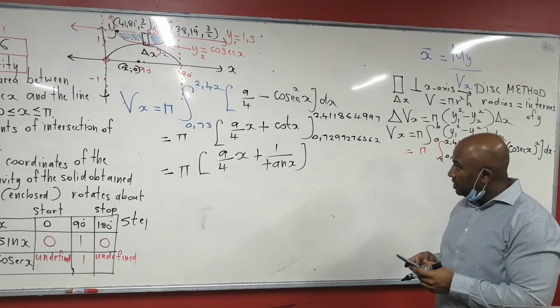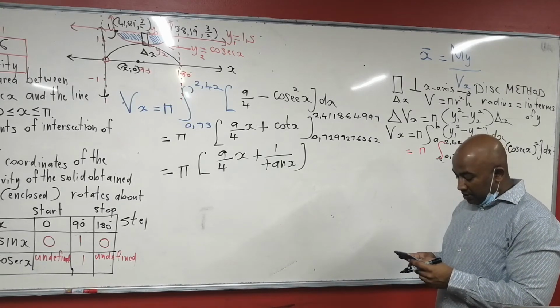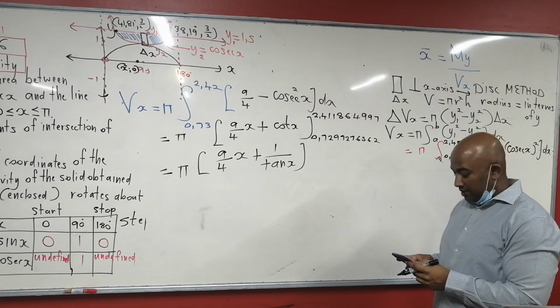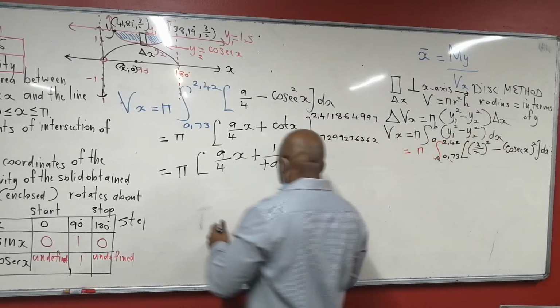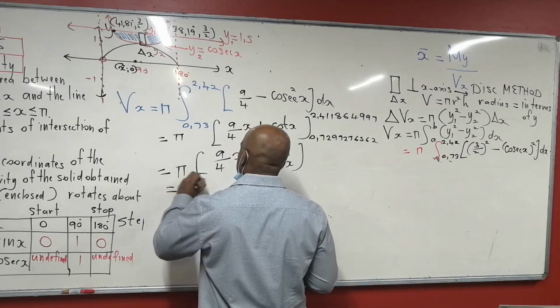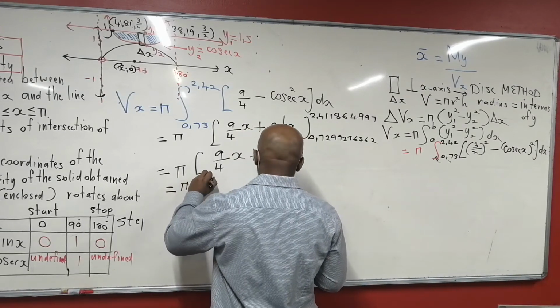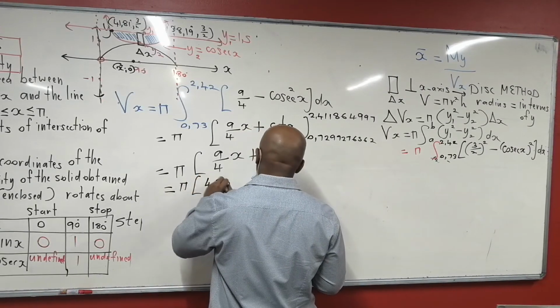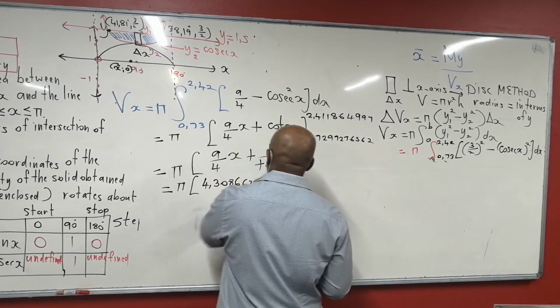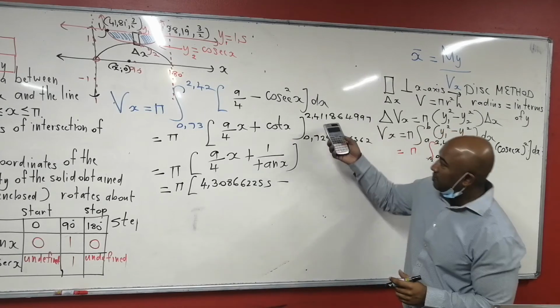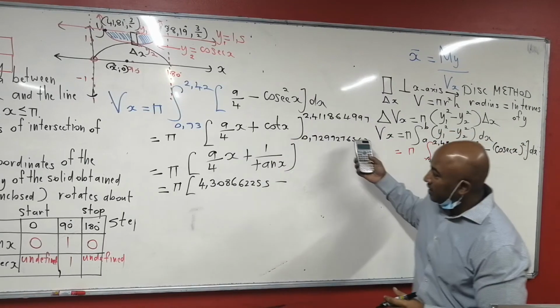What are we substituting? Upper limit is 2.411864997. So here I get 4.308662255. That is when I substitute the upper limit into everything here.